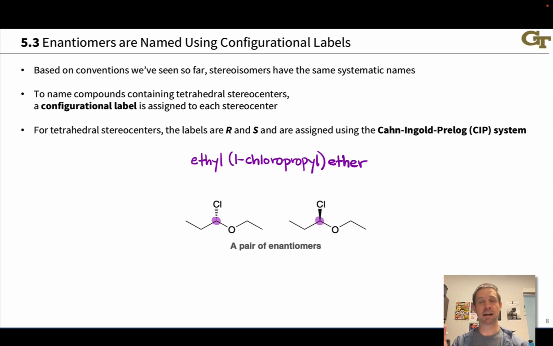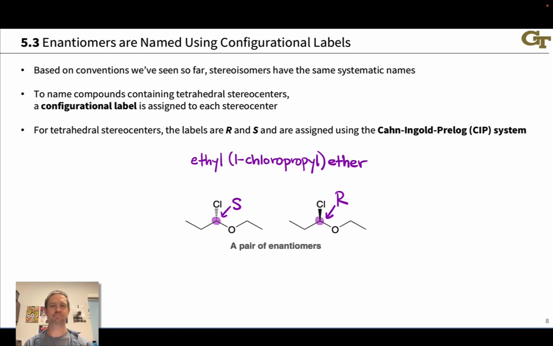And as we'll see, and as you'll be able to do yourself by the end of this video, this compound on the left is S, ethyl 1-chloropropyl ether, with the S configuration at its lone stereocenter, and the enantiomer is then necessarily R, ethyl 1-chloropropyl ether, with the R configuration at this tetrahedral stereocenter. So these labels S and R now do allow us to distinguish between these stereochemically different compounds, these stereoisomers.